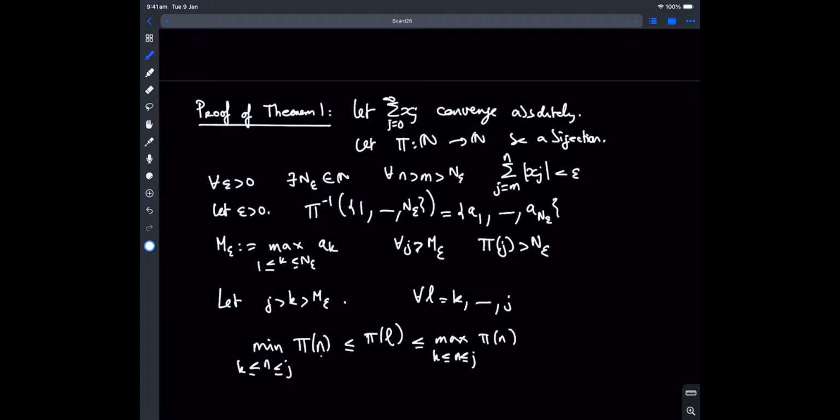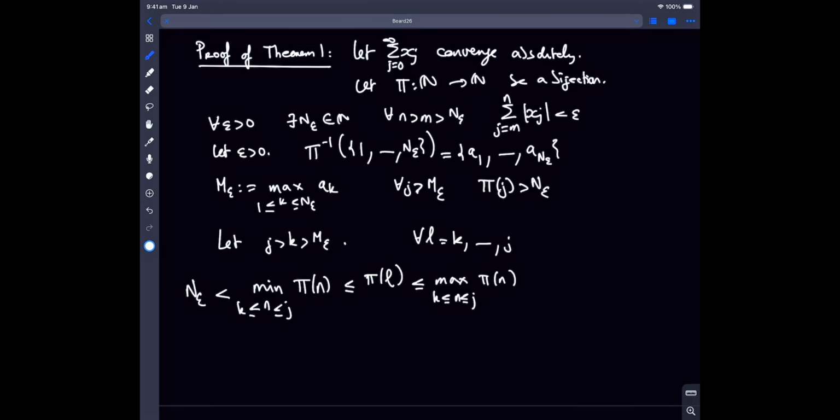And this minimum, wherever it may be, because of the properties that we have here, is always going to be above N epsilon.